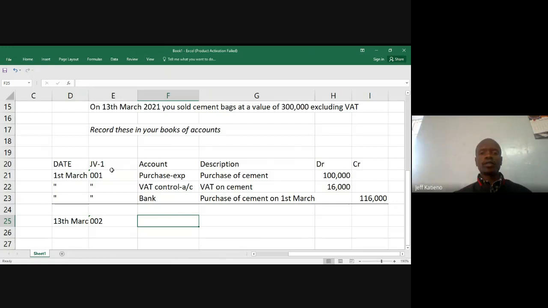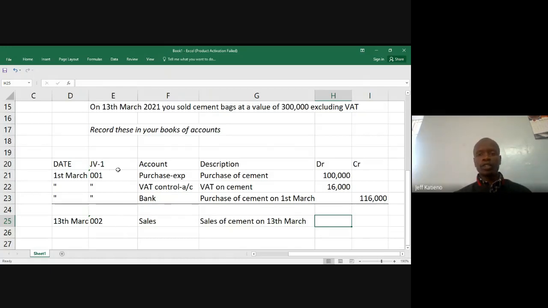Then you'll have your sales, your revenue account. Sales of cement on 13th March. But the practical situation is that you will have the invoice number that you will indicate here.